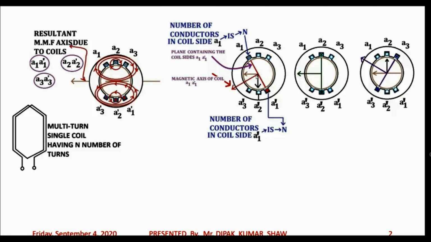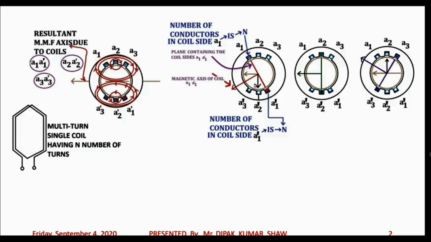This can be easily viewed: the magnetic axis of coil A1 A1 dash is shown by the red arrow, that of coil A2 A2 dash by the green arrow, and that of coil A3 A3 dash by the blue arrow. So the magnetic axes of the three coils are not aligned, rather they are separated in space.